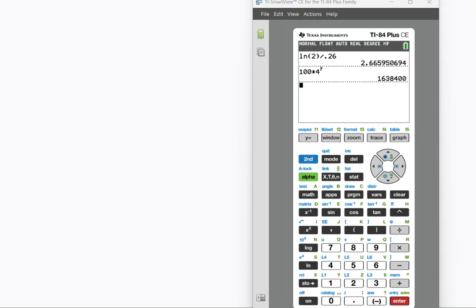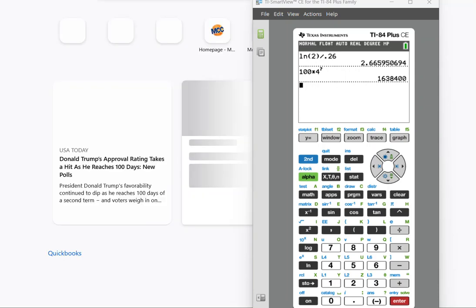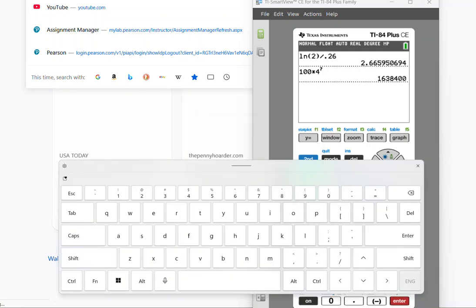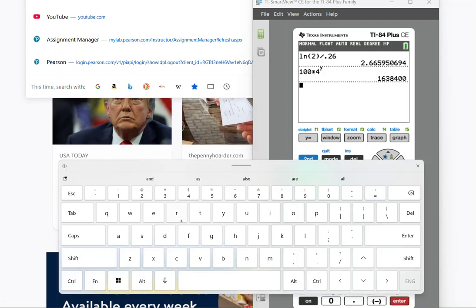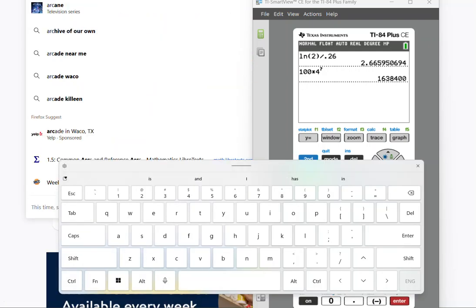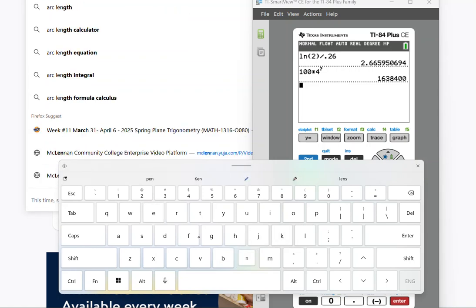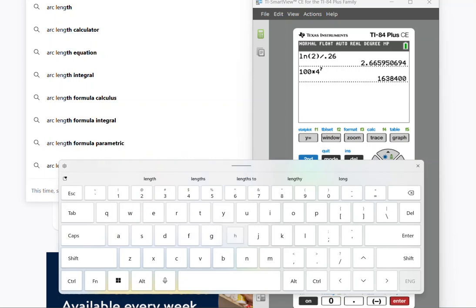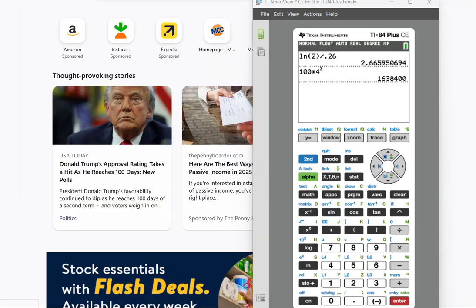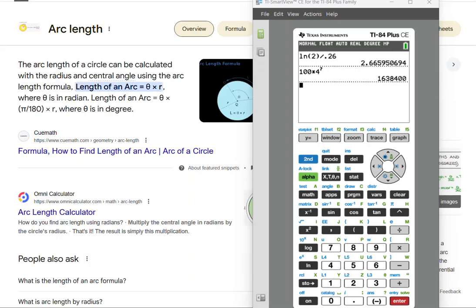Well, that's fine. I'm just getting the formula, making sure it's in degrees. Yeah, theta r. Just making sure.